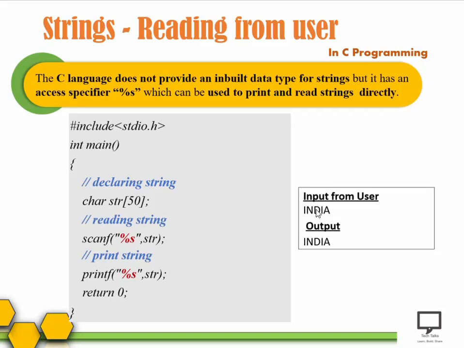The string we accept from a user is India, and the same output India will be displayed on the output screen. In this way, the string works in the C programming language. Technically, it will end with the backslash zero, which is a null character that is not visible in the output.